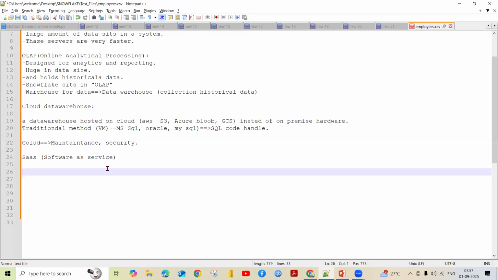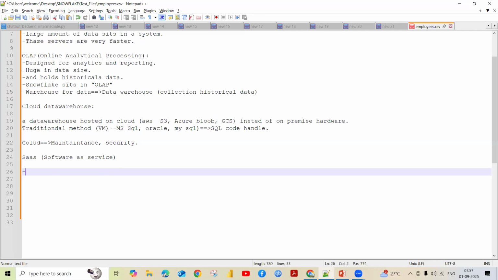Once you get the account, it will allocate some storage to your Snowflake account, and it offers everything you require for a data engineering project. That's all you need whenever you start any project. So that is about the software as a service model, Snowflake.